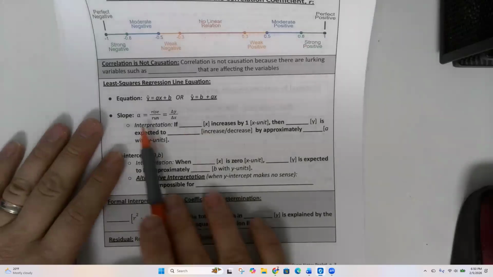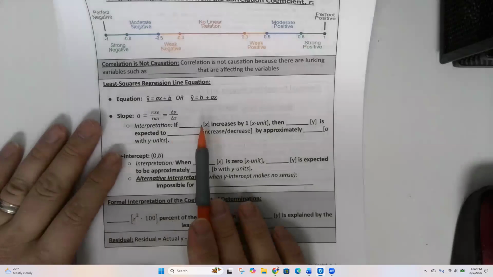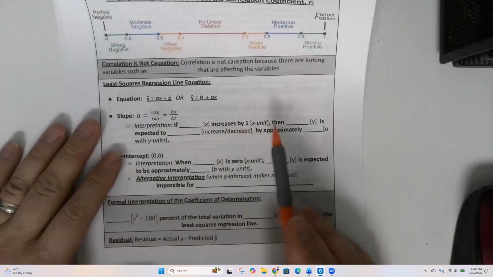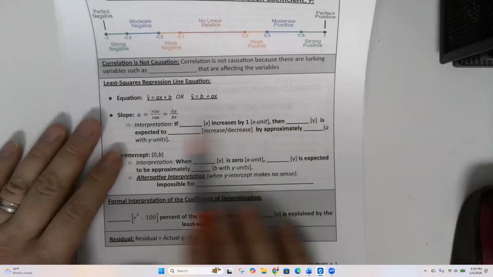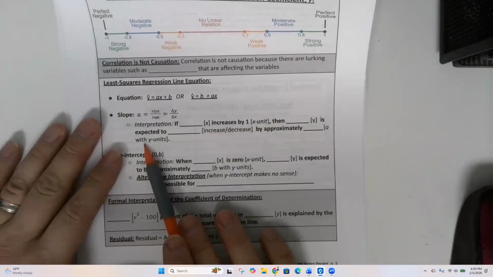So the interpretation of the slope is this. If, and then you write out what x is, increases by 1, and then you write out the units of x. Then you write out what y is expected to increase or decrease by approximately, and then you write out what the slope is with the units.